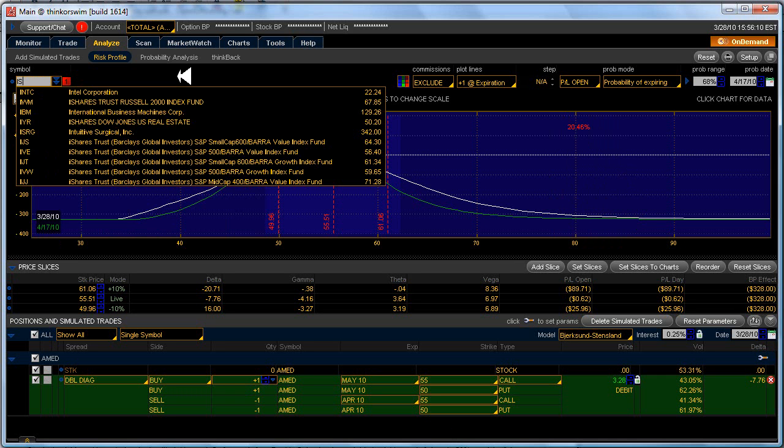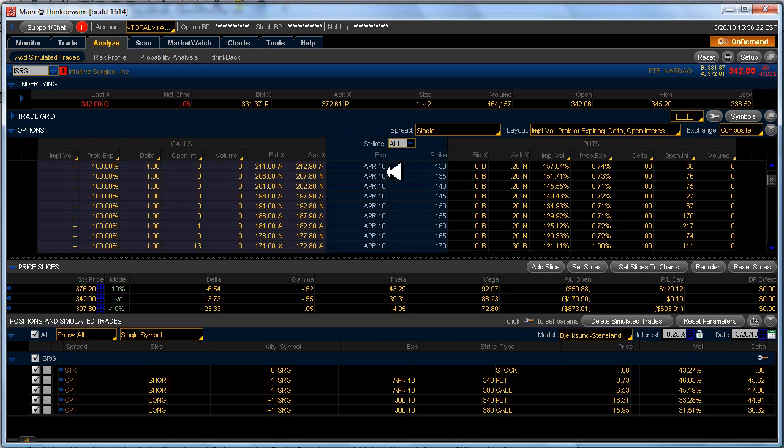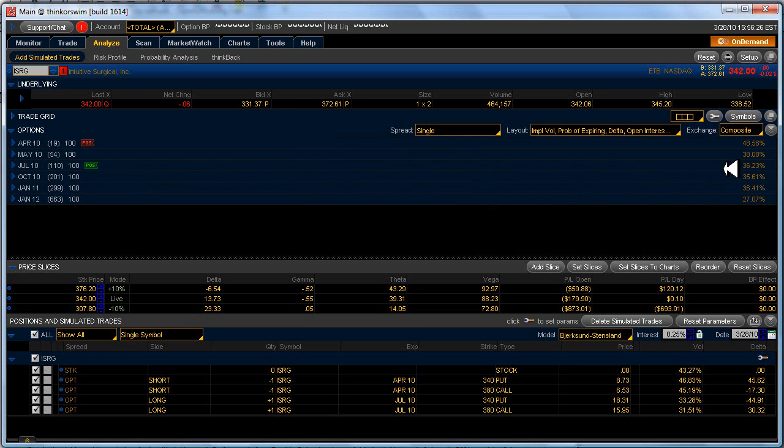Let's go to Intuitive Surgical, which is a live open trade that I have right now. You can see that because the front month volatility was so much higher than the back month on this, if we take a look at the implied volatility, over here front month is 48 and the back month is 38. That's a 10% difference. Or actually, it's a July, I'm sorry, we have a July here.